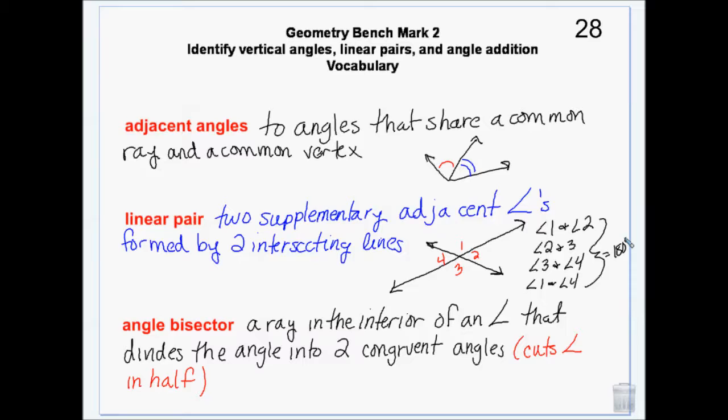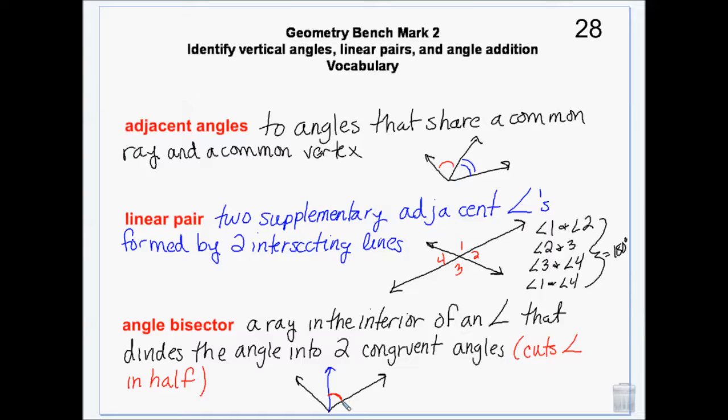An angle bisector is a ray, similar to this up in the top, but it's a special one. It cuts the angle perfectly in half. So if I have some angle and I draw a ray here, well, that's close enough.